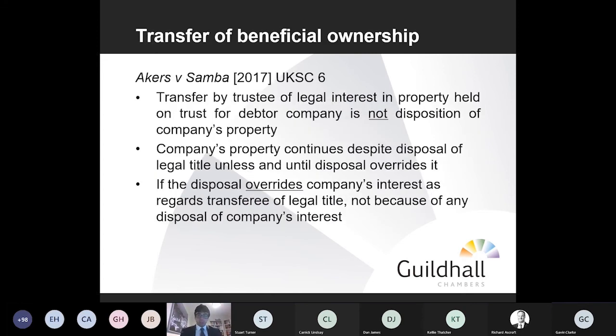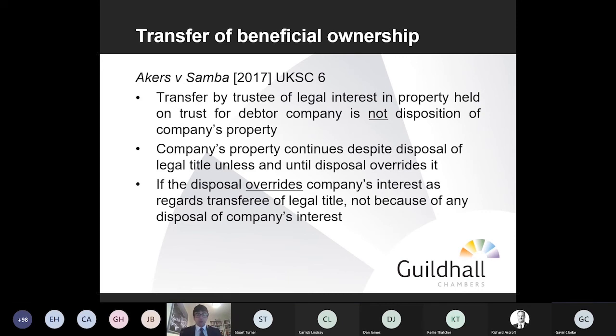Slightly different is the position where what has happened is a transfer by the company, not of an asset which is legally owned by it, but rather the transfer by a trustee of property held on trust by the company.